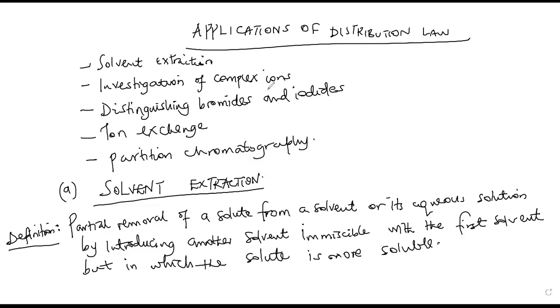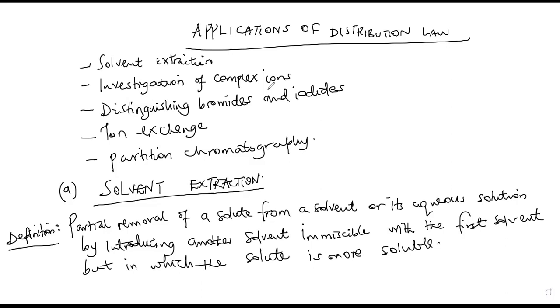When you talk about solvent extraction, we are separating a component from a mixture by shaking it with the extraction solvent in which that component is more soluble. So generally the process involves separating one component from the mixture by shaking it with the extracting agent, or the extraction solvent, in which that component, which can be a solute, is more soluble. After shaking, each layer is then collected, and the solute can be obtained by distilling off the extracting solvent.